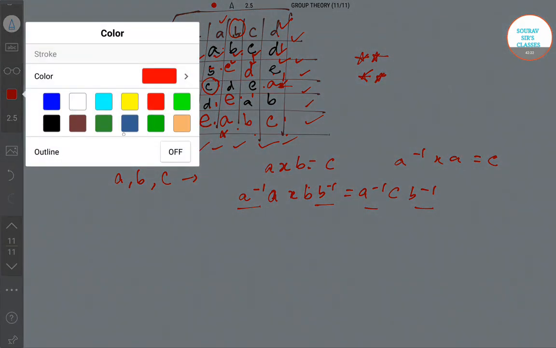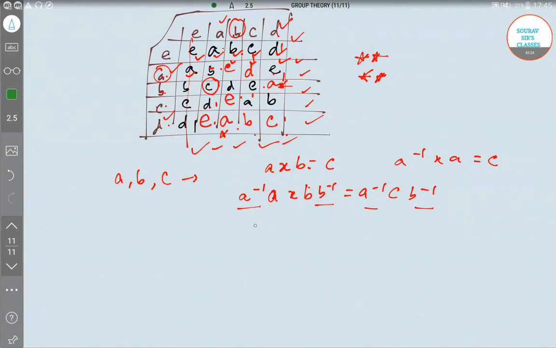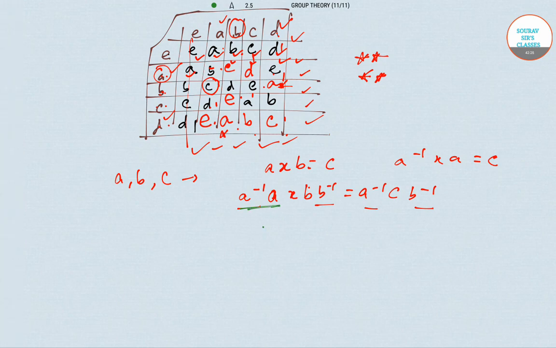Next part is A inverse A, this is nothing but identity. This is X, this is identity. So this is E again. This is A inverse C B inverse. So these two are gone. So X equals A inverse C B inverse. Similarly, the solution of A inverse X A equal to C, we can also find it.